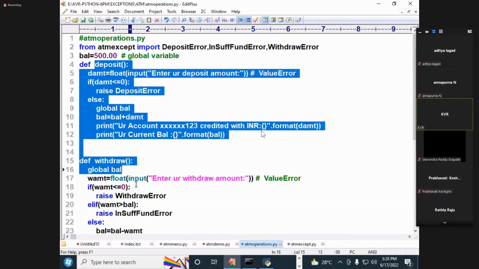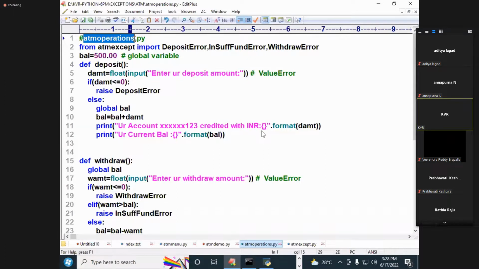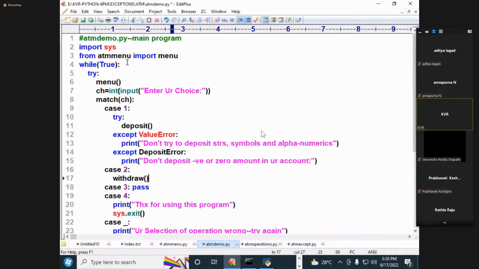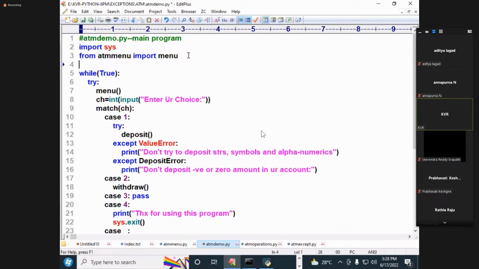From ATM operations import star you can write, but I said don't write star. Which functions will I take? Deposit function, withdraw function, and balance inquiry also. Am I correct? Yes, sir.